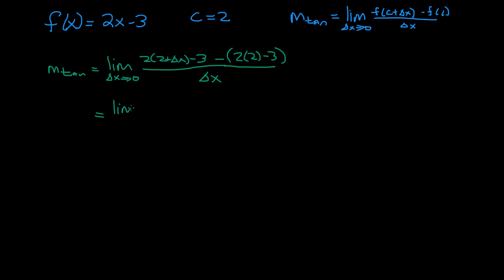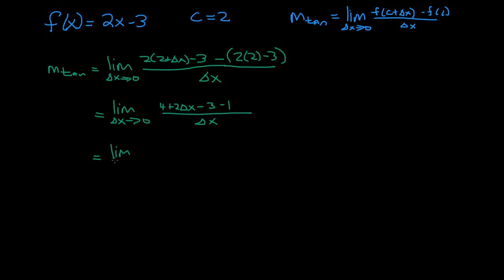So remember to use your proper limit notation. So equals the limit as delta x approaches 0. Now we're still going to have a delta x on the bottom. What about the top? We have 2 times 2 is 4, plus 2 delta x, minus 3. Then what's this right here? That's 2 times 2 is 4, minus 3 is 1, so minus 1.